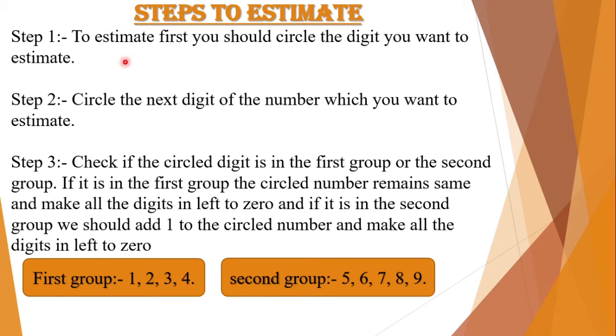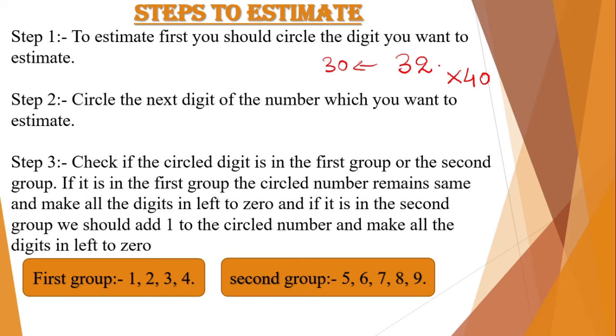There are some steps to estimate. First of all, estimate means approximate value, not the actual value. For example, if the number is 32, you will say approximately 30, but you will not say approximately 40. Why?